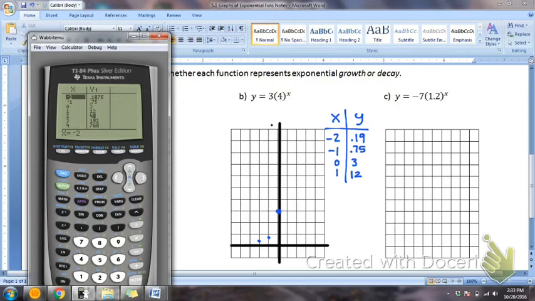Now, it's going to be hard to do 112, so I'm just going to approximate it up there at the top of my graph.